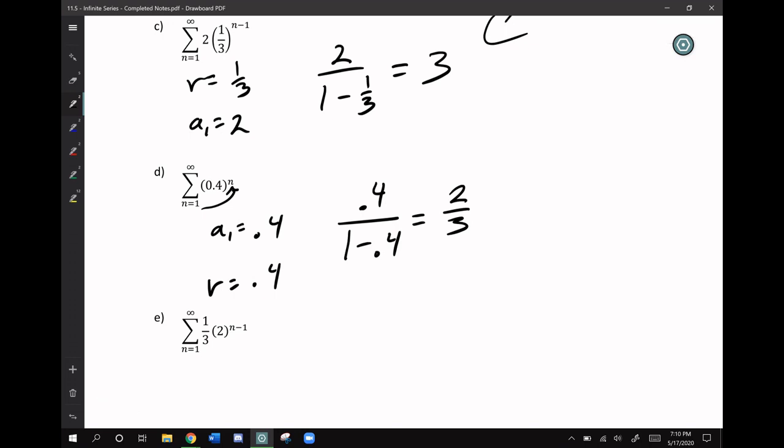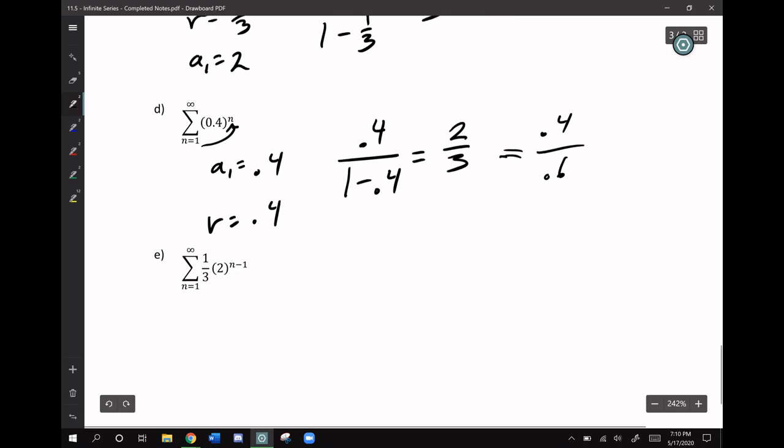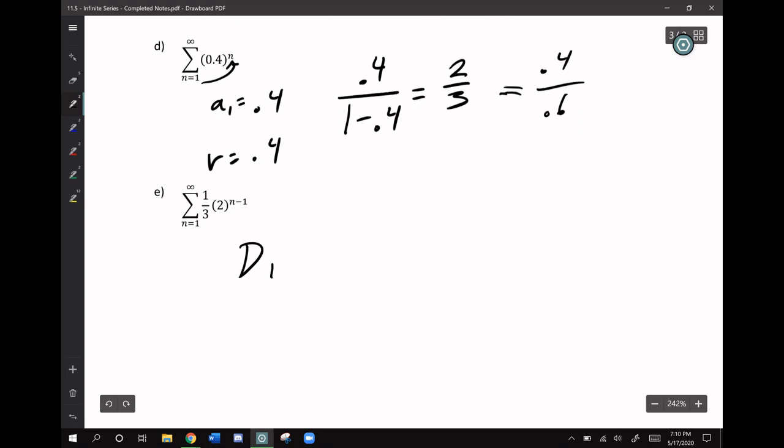And you may be asking yourself, how did I do that? I did not use a calculator for that because it's 0.4 over 0.6, which is clearly equal to 2/3 because I'm a mathematician. All right, and this one diverges. I can just tell you that right away because it starts with 2. r is 2, so it diverges. Done, no questions asked. All right, those are the notes.